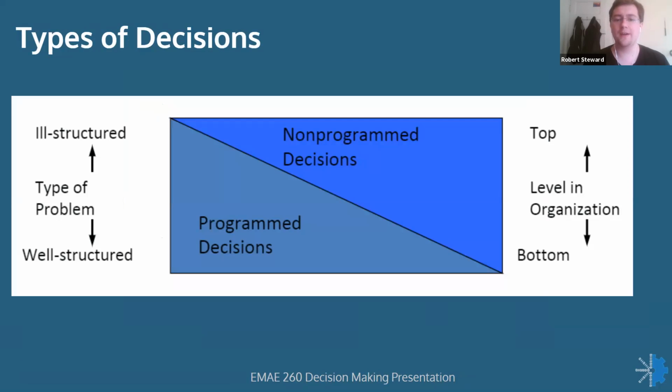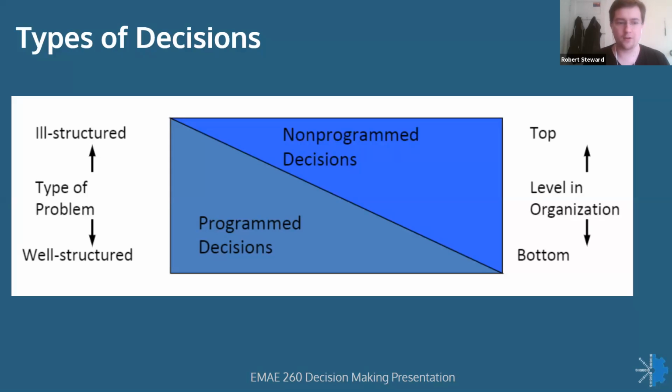There are basically two types of decisions that you really have, programmed decisions and non-programmed decisions. Programmed are those problems that you almost already know the answer to, and non-programmed are the more abstract. You really have to think about some of the more nuanced aspects of your project and of the actual decision-making to be able to make those.